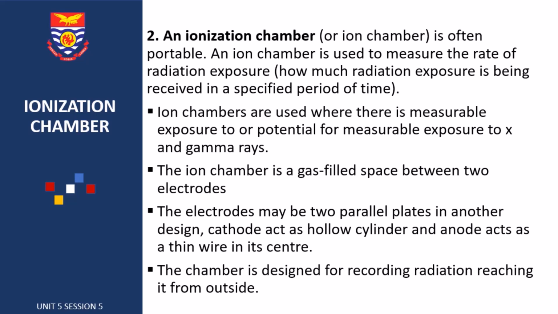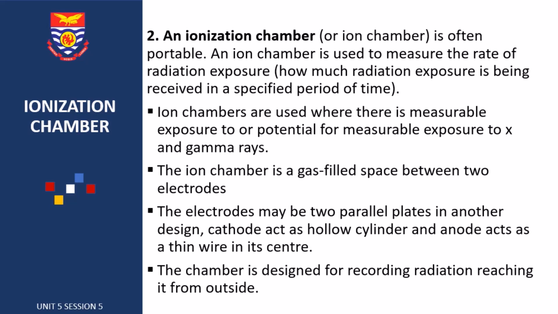So ion chambers are used when there is a measurable exposure or potential for measurable exposure to X-rays and gamma rays. The ability of the ion chamber to measure the exposure rate from a radionuclide is based upon the ability of the emission to reach the active portion of the meter and the energy of the emission.